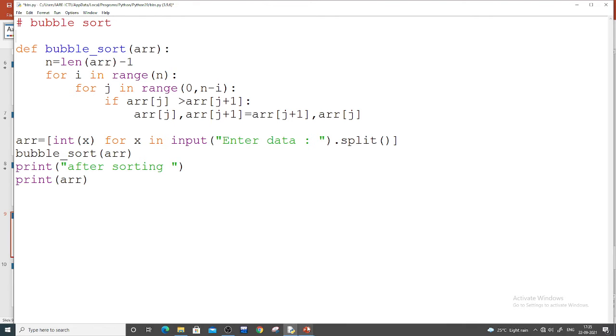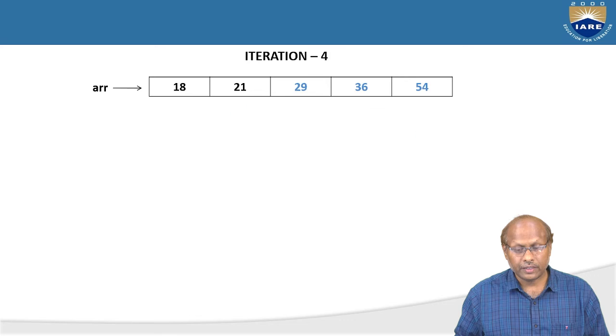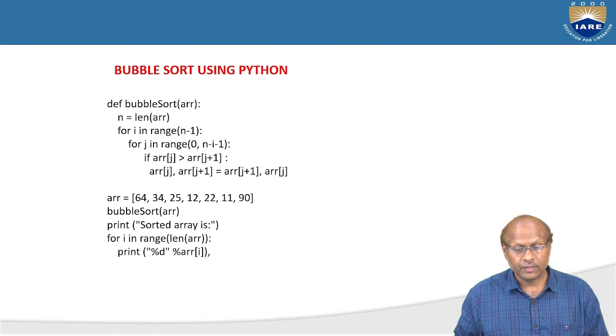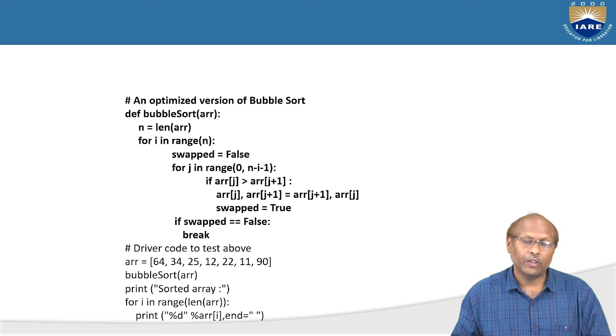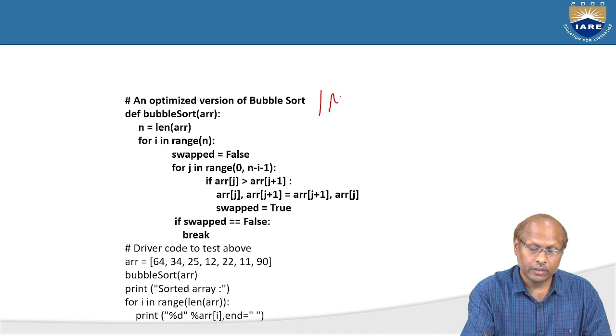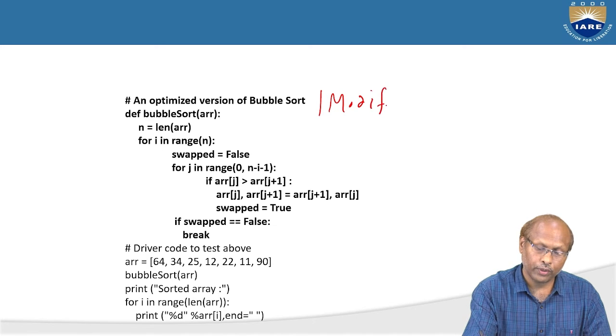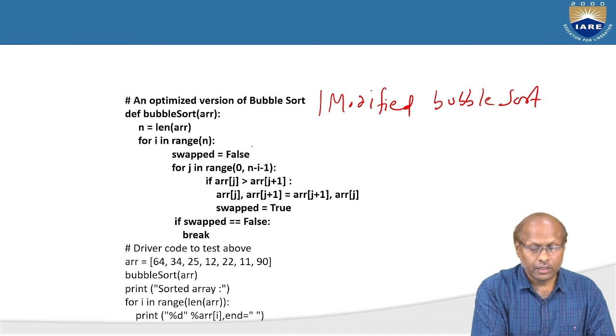Till now you have seen the regular sorting. It is normal, whereas there is optimized sorting, or you can say modified sorting. This optimized sorting is also called modified bubble sort.